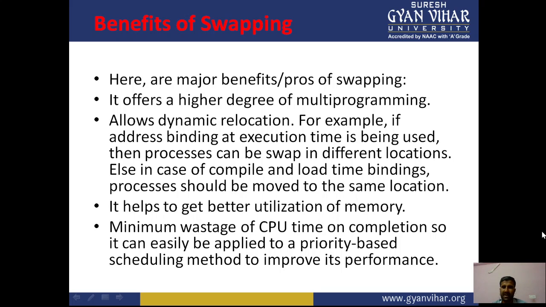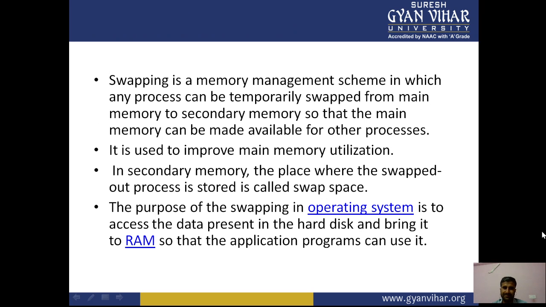Else, in case of compile and load time binding, the process should be moved to some location. It helps to get better utilization of memory, minimum wastage of CPU time on completion, so it can easily be applied for priority based scheduling methods to improve performance.